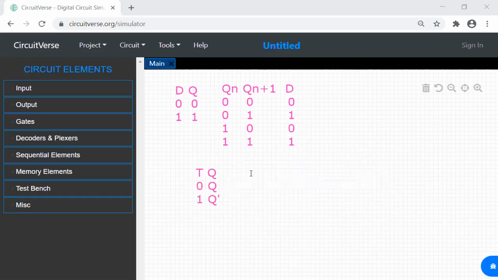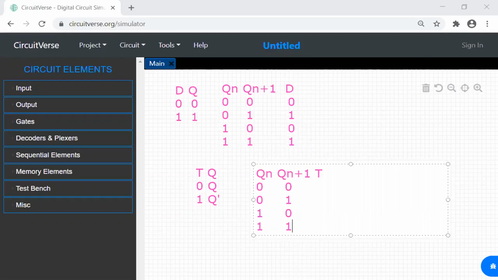Now if I write the excitation table for T flip-flop, it will be Qn, Qn plus 1, and next it will be T. Now what is your Qn? Qn will be 0, 0. There are 4 combinations: 0, 0, 0, 1, 1, 0, and 1, 1.